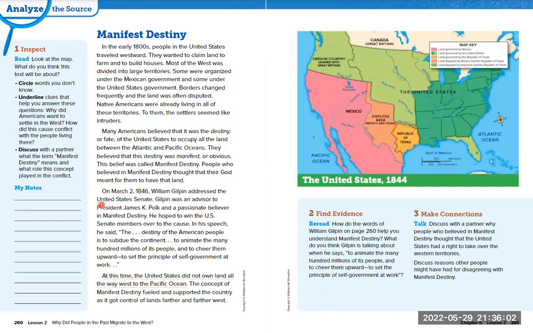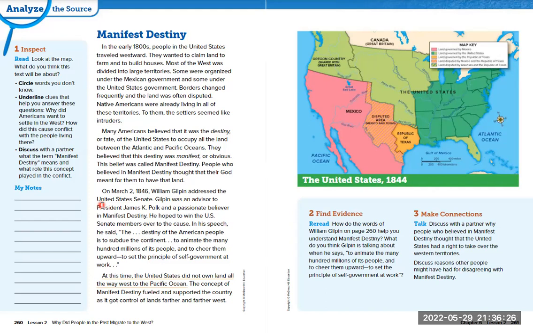In his speech, he said, "The destiny of the American people is to subdue the continent." To subdue means to control in this case. So he's saying the destiny of the American people is to control the continent, to animate the many hundreds of millions of its people and to cheer them upward. So to help them do it, to set the principle of self-government at work.